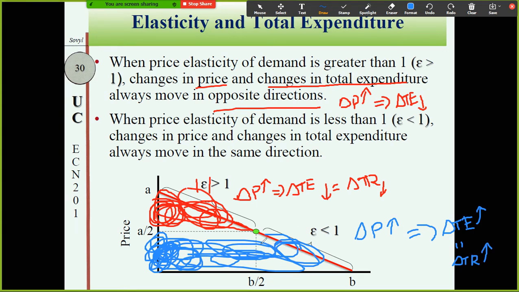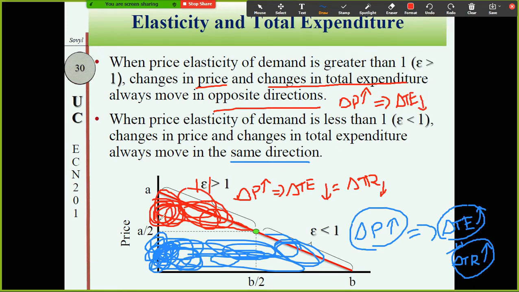So I can say that this is the midpoint price. This is the area with cheaper prices. This is the area with more expensive prices. This is cheaper price. This is more expensive price. So normally I can say that for a product with a cheaper price, when the price goes up, total expenditure goes up, total revenue also goes up, because they move in the same direction.